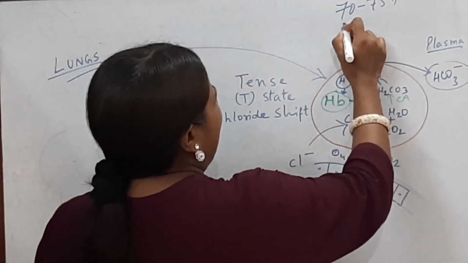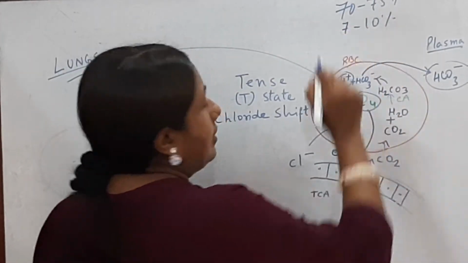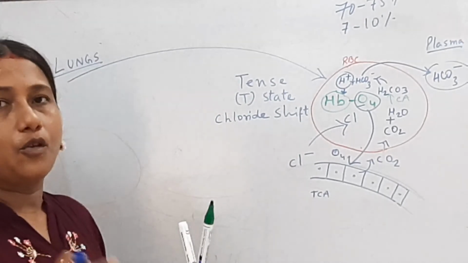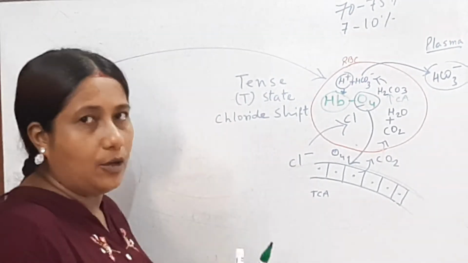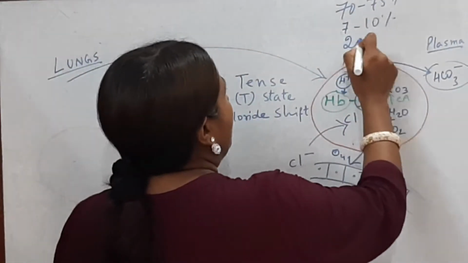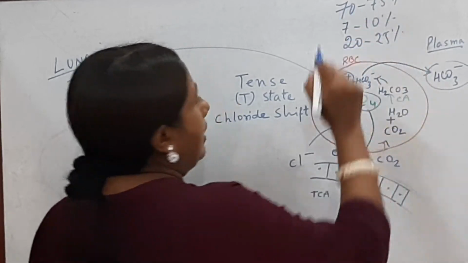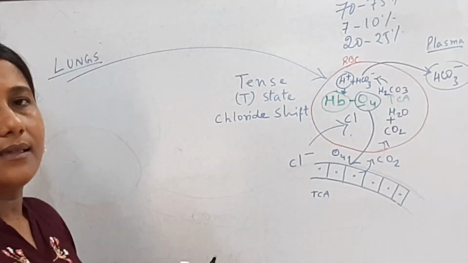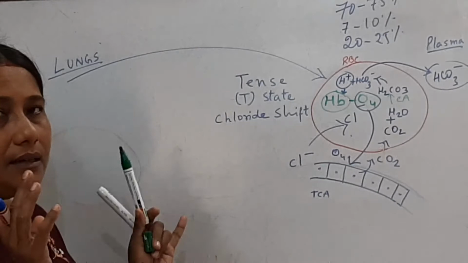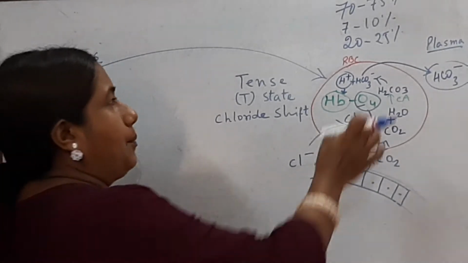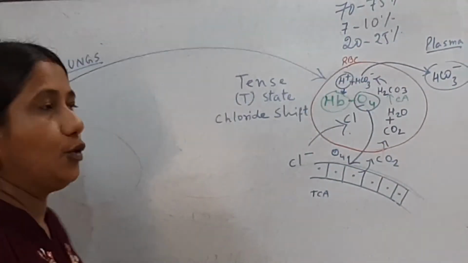Next, 7 to 10% of the carbon dioxide is transported in the dissolved state in the plasma because of its high solubility, and nearly 20 to 25% of the carbon dioxide is transported as carbaminohemoglobin, that is, binding of the carbon dioxide with the hemoglobin.